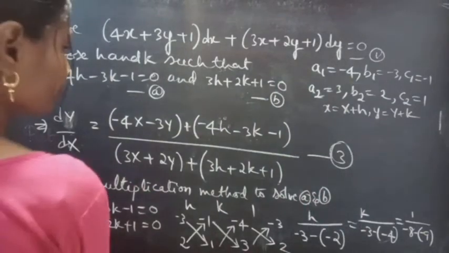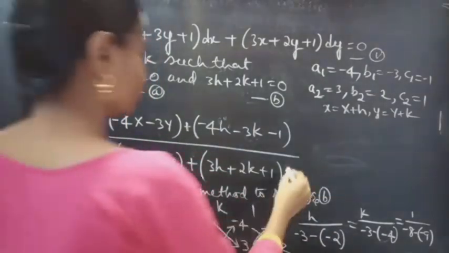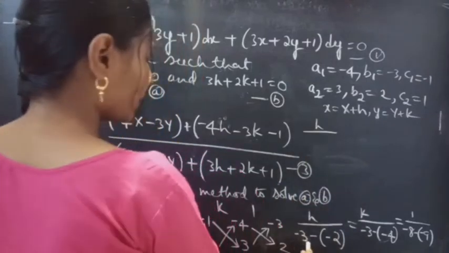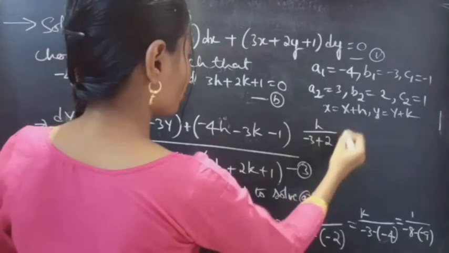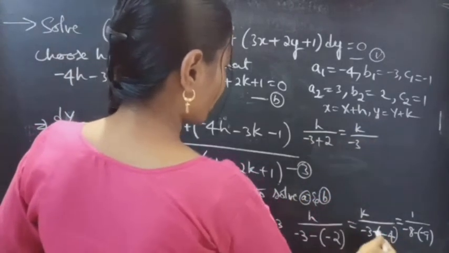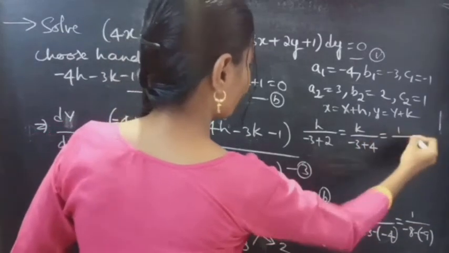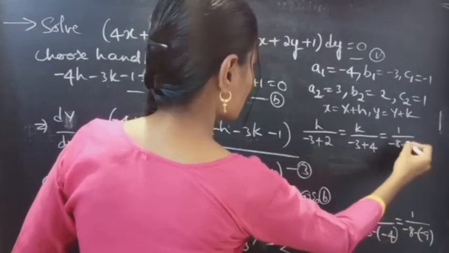We'll get h by minus 3 minus into minus plus 2 equals k by minus 3 minus into minus plus 4, equals 1 by minus 8 minus into minus plus 9.